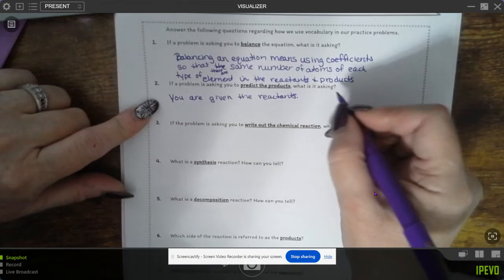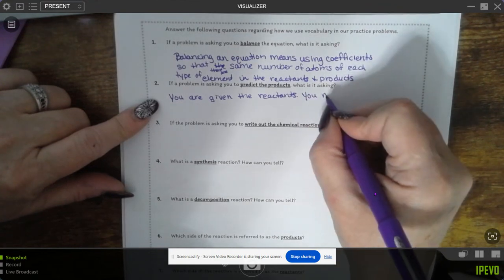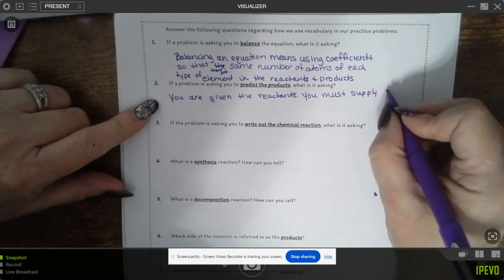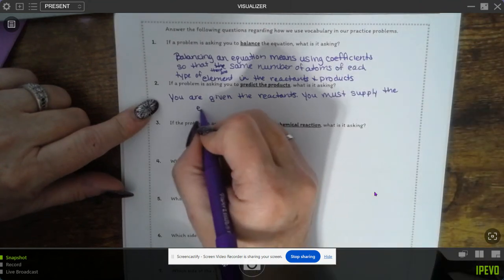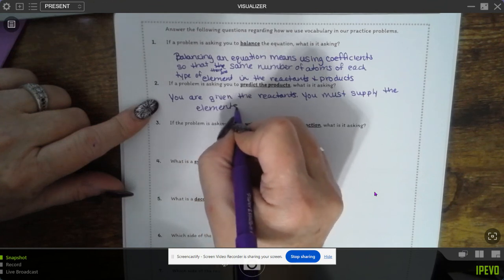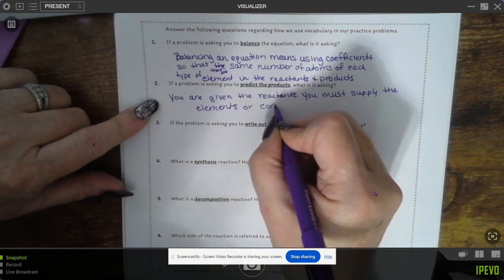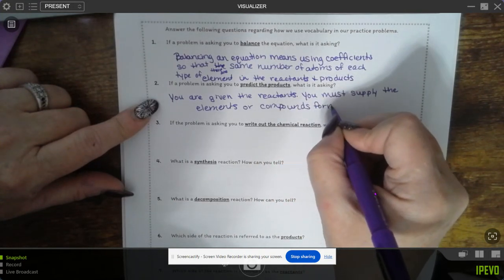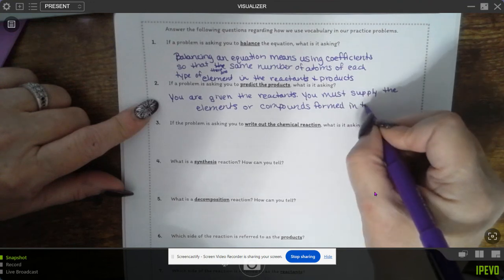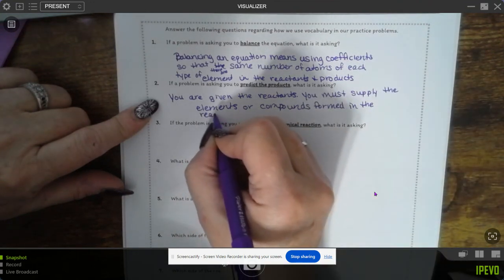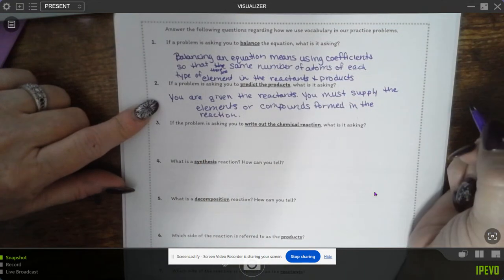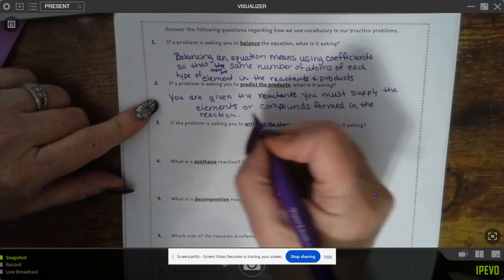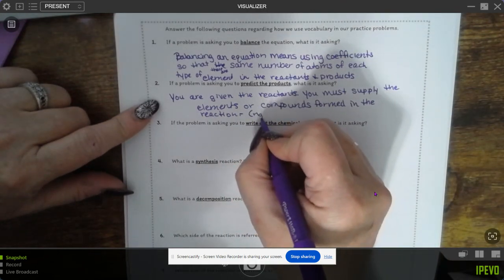Okay, you must supply the elements or compounds formed in the reaction. And these are the things on the right side of the arrow.